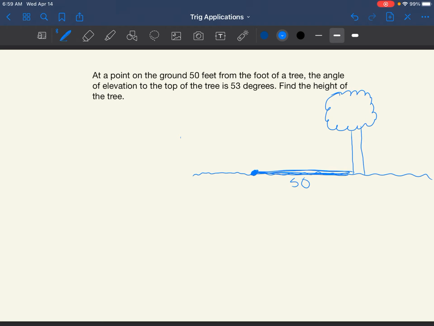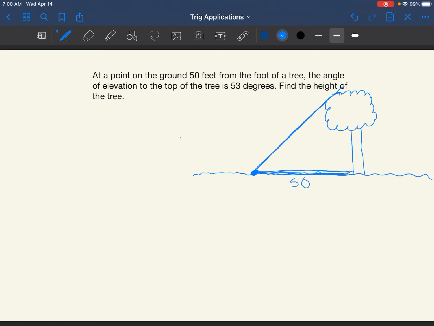The angle of elevation to the top of the tree is 53 degrees. So remember, the angle of elevation goes from the horizontal up. In this case the horizontal is the ground, and it goes up. So here's what that means.